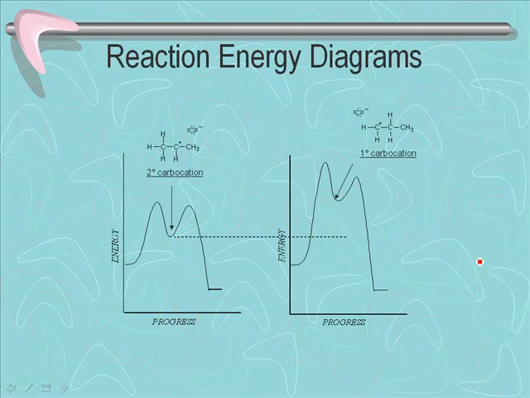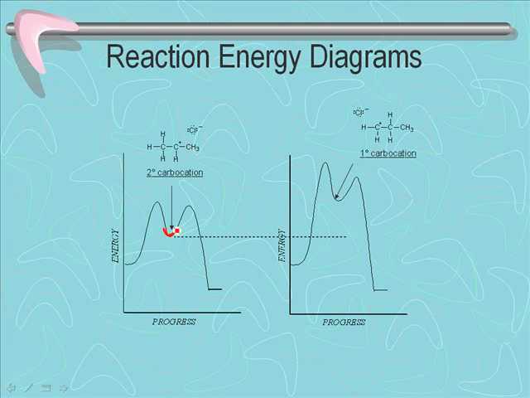So in the case of forming a secondary carbocation, this reaction intermediate, remember it's at the bottom of a well, it's a reaction intermediate, it's unstable because it has a positive charge on carbon. Carbon is not an electron-rich atom and it has an incomplete octet, so this is going to be an unstable intermediate.